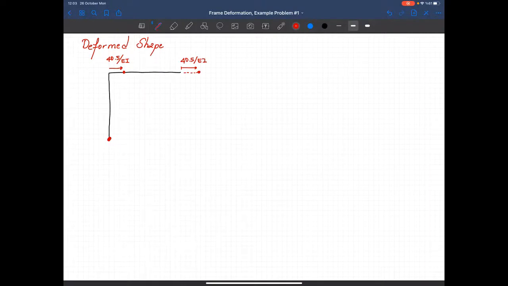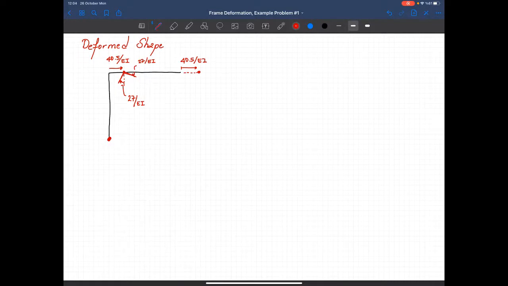Now I should have some rotation here, right? We said that we will have a clockwise rotation. The magnitude of that rotation is 27 over EI. And this is a rigid joint. Rigid joint means that I have the same rotation on the beam also. So this rotation is also equal to 27 over EI.